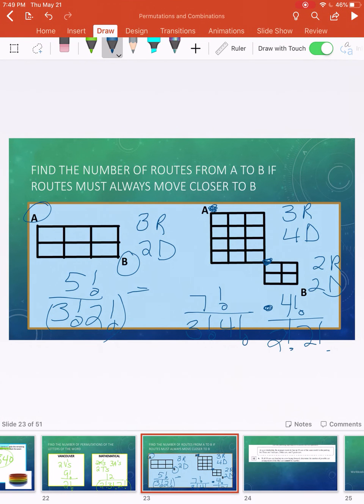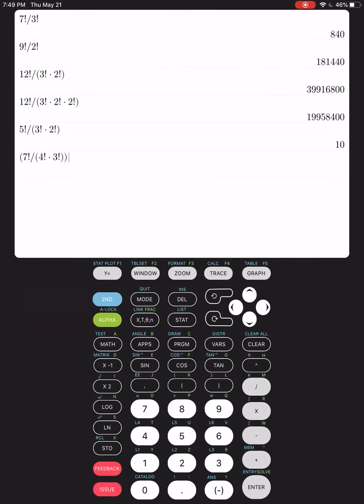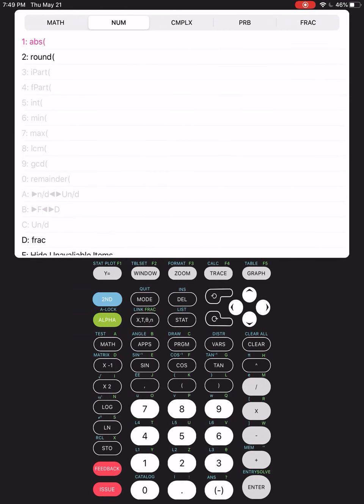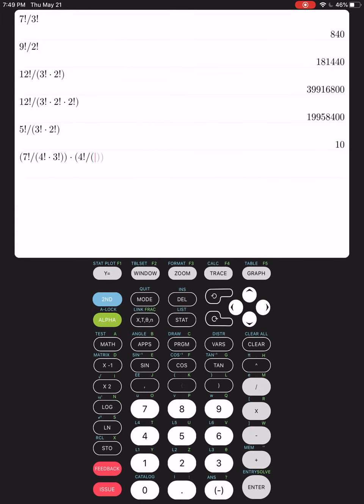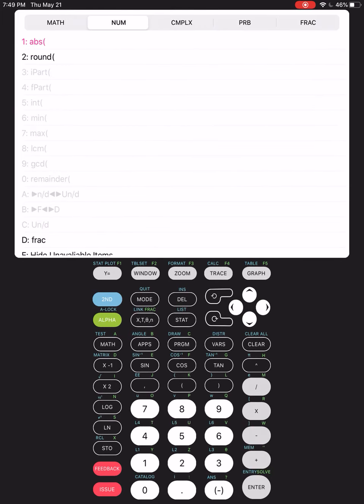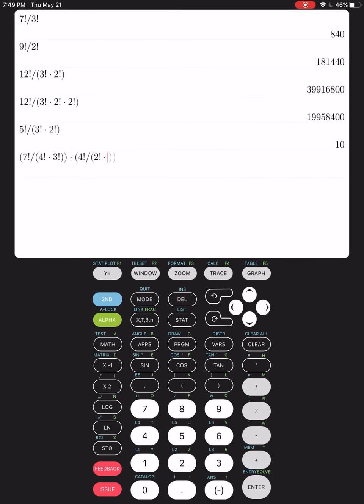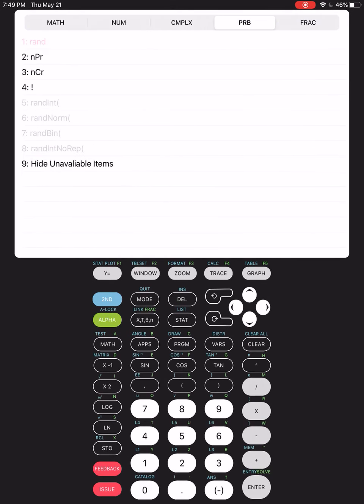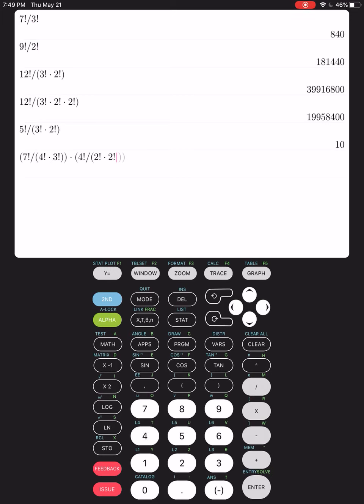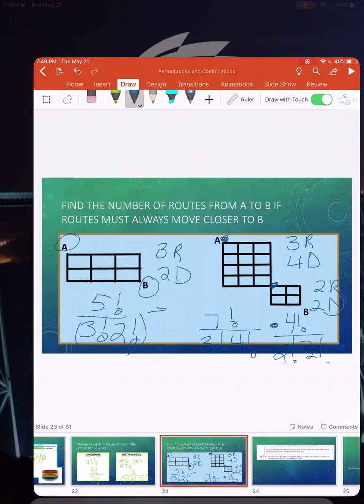And then 4 factorial divided by 2 factorial times 2 factorial. Okay, and our answer is 210 when we type it in our calculator.